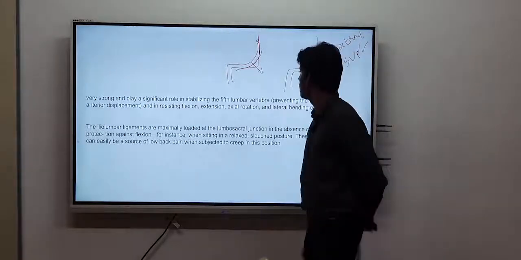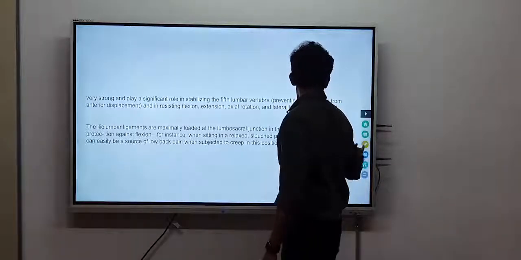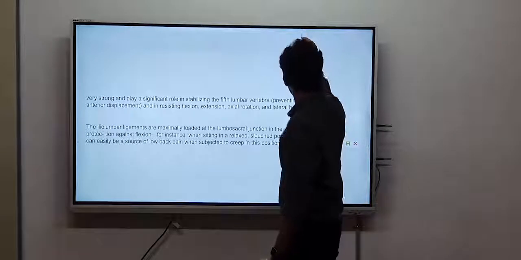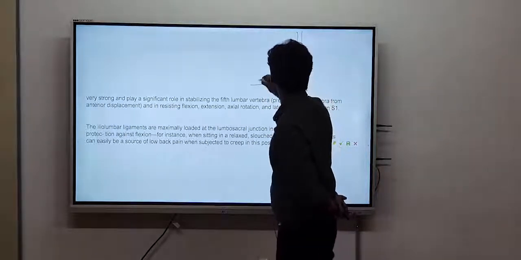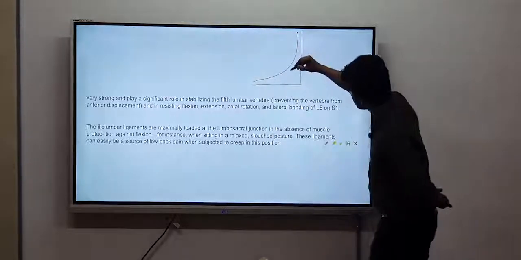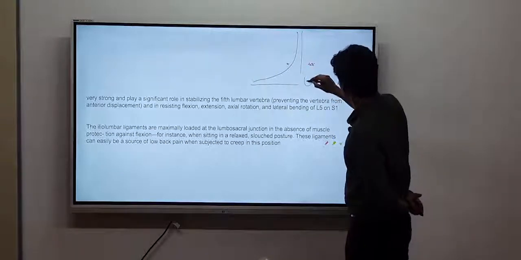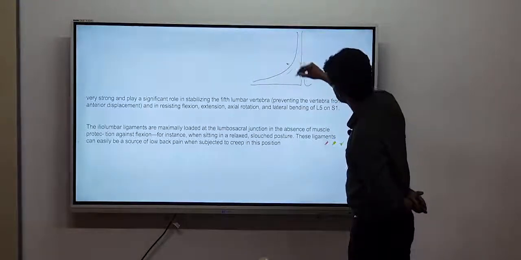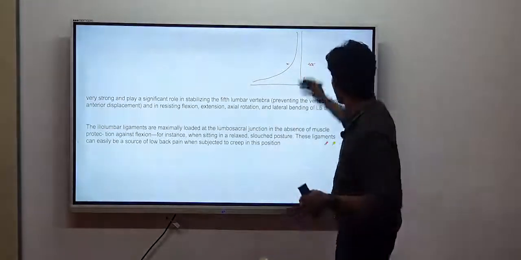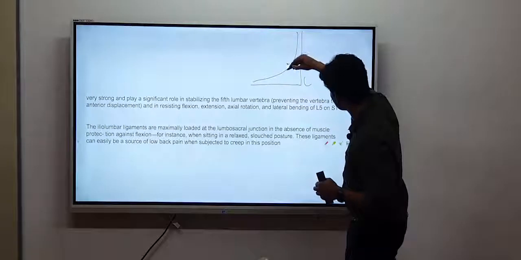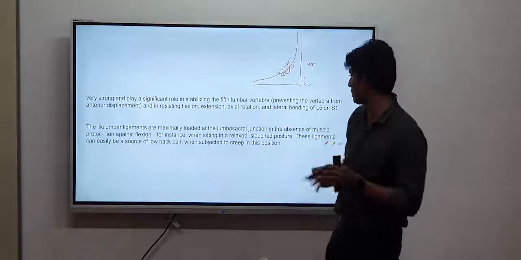So here what happens is, if this is the chair and if you are slouching your body like this, in this space, that is from the body to the chair, there is no support for the lumbar area or for the lower back area. So what happens is, most of the time internal muscles have to work. Internal muscles in the sense, internal force as well as external force are there.